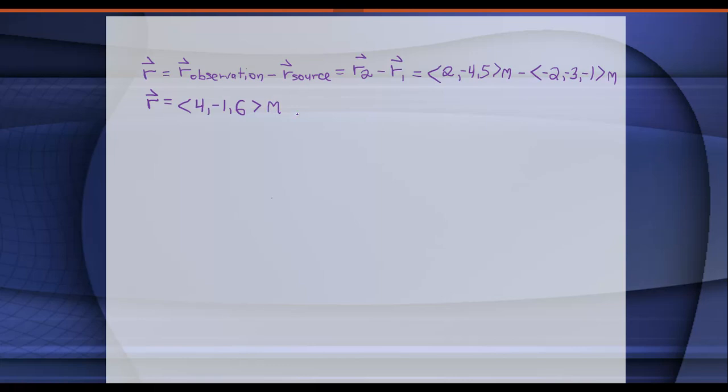Now, what I immediately want to do is, because when we calculate our gravitational and electric fields, we need to use the unit vector. But to calculate the unit vector, we need to know the magnitude of this three-dimensional vector. So the magnitude of r is the square root of the sum of the squares: 4 meters squared plus -1 meters, you don't really need the negative in there since you're squaring it, plus 6 meters, all squared, and we take the square root of this.